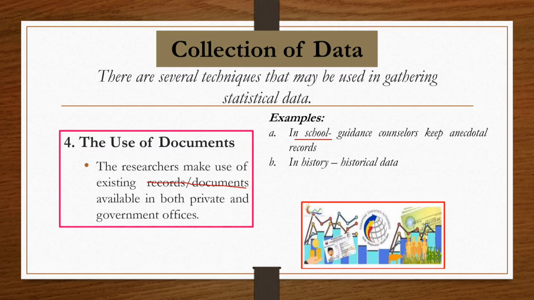Another one for history, we can base our data on historical data. And for the population, we can ask for the record of birth rates from the municipal offices or other sources. So those are some examples of collecting data by using documents. So that is number 4.